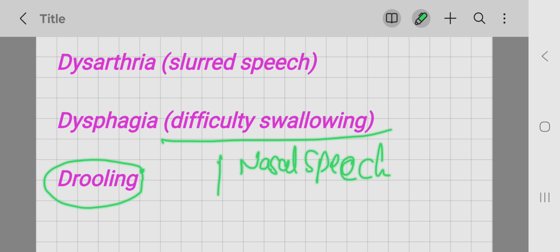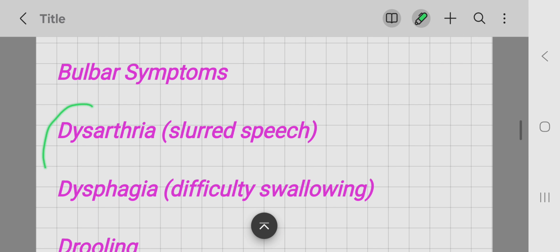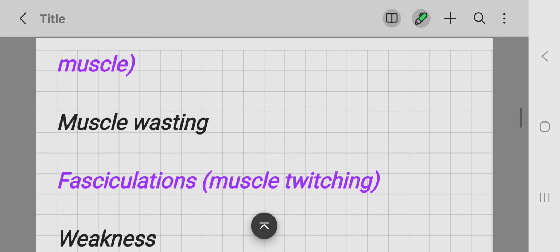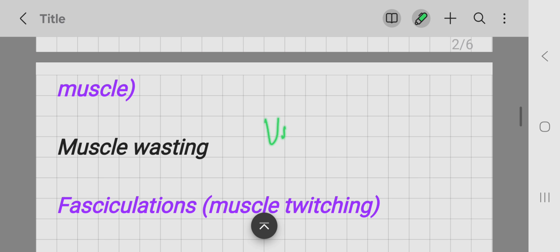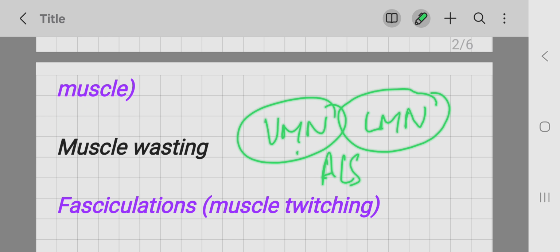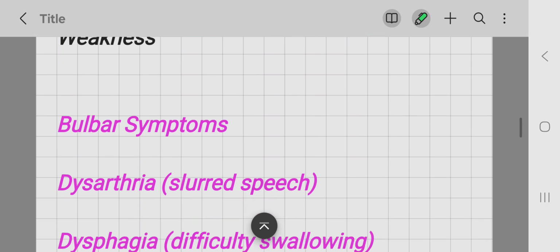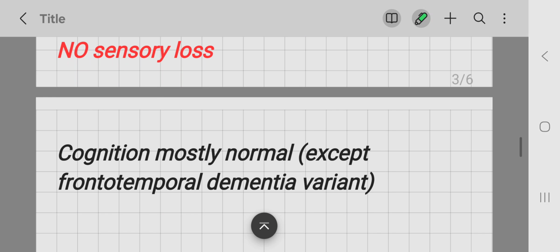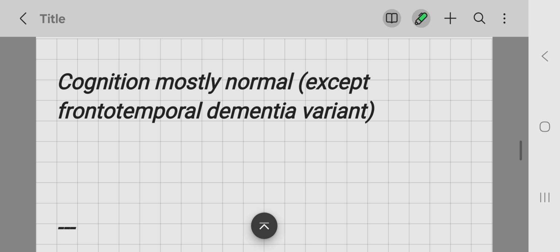So I have told you there may be progressive bulbar palsy that involves these features, or there may be other types that cause either upper motor neuron lesion features or lower motor neuron lesion features, or amyotrophic lateral sclerosis causes both of these features. So there should be no sensory involvement. One of the main important points is there may be no sensory involvement. Cognition is mostly normal.